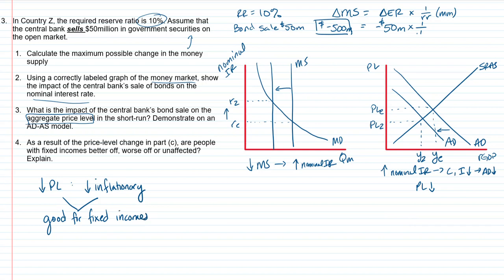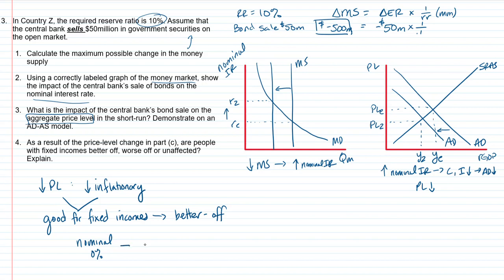People with fixed incomes are going to be better off in this situation. And the easiest way to make sure you're thinking this through appropriately is that a fixed income is a nominal value. So the nominal value is not going to change because it is fixed over time. Somebody is making the same amount of nominal dollars over time.